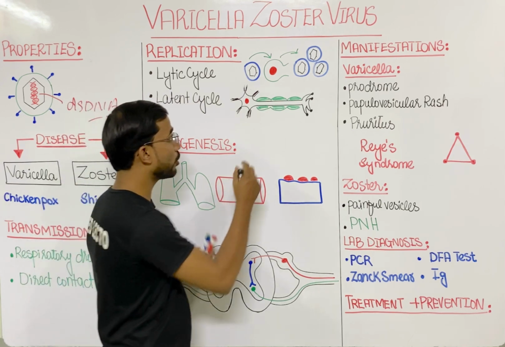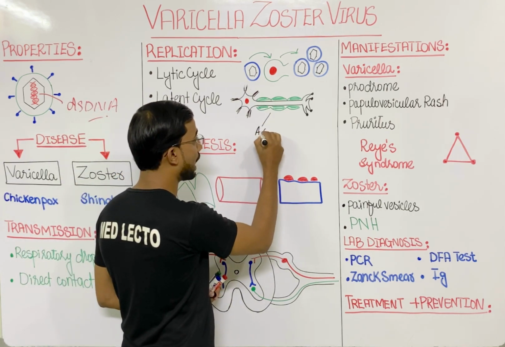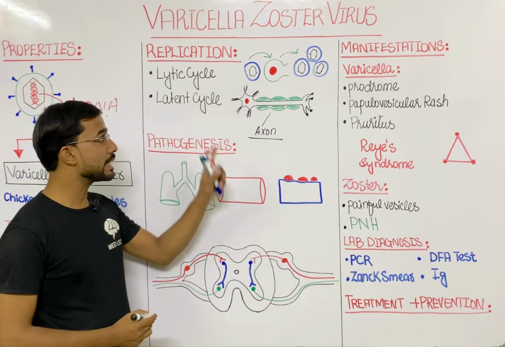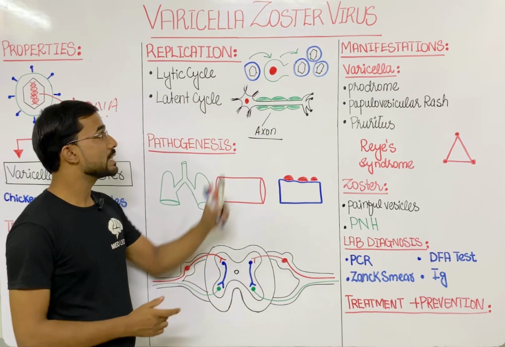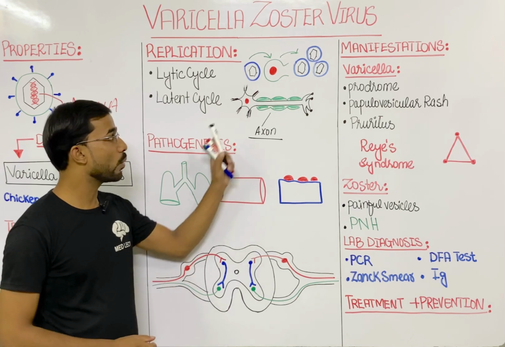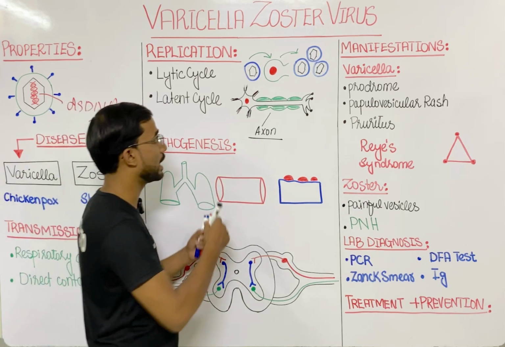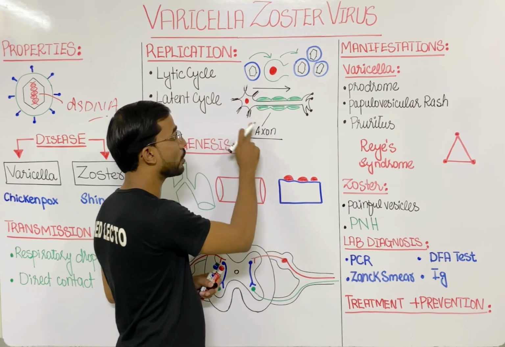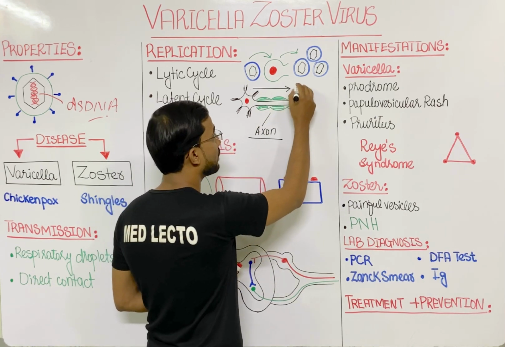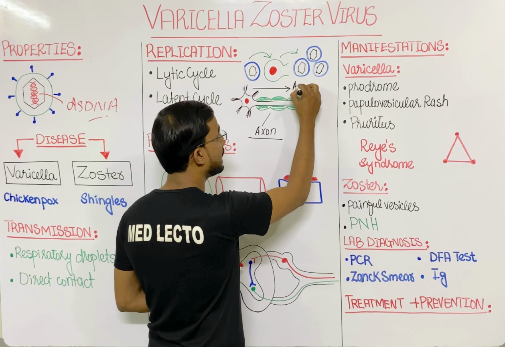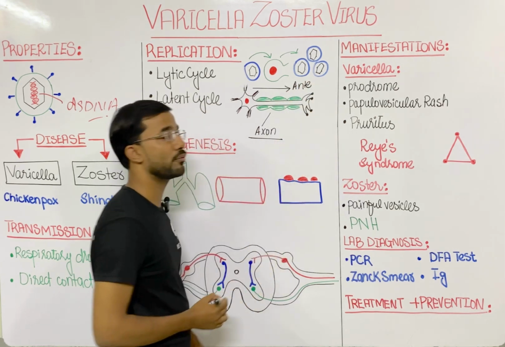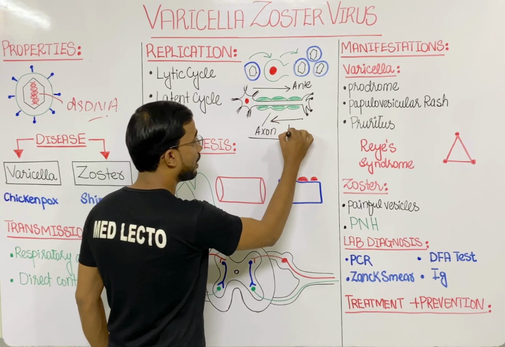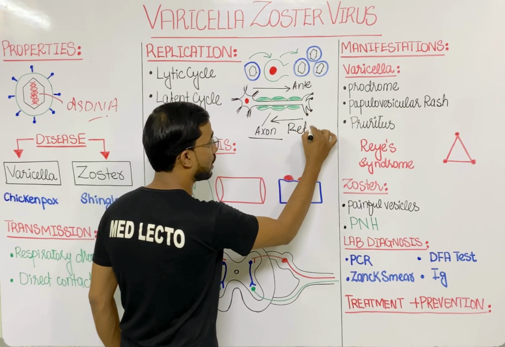So, in the neuron, you will see the most important component, that is the axon. In the normal process, the signal transmits from the cell body towards the axon. That is the signal flow from the cell body towards the axon. That process is actually antegrade axonal flow, but the reverse will be retrograde axonal flow.